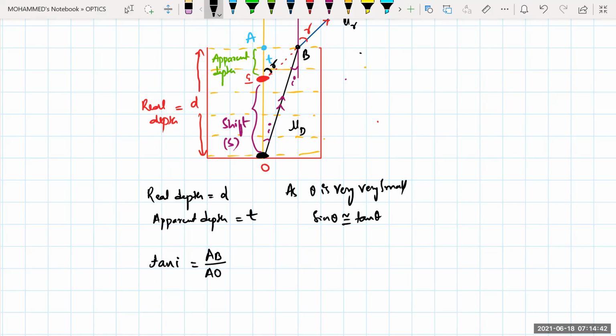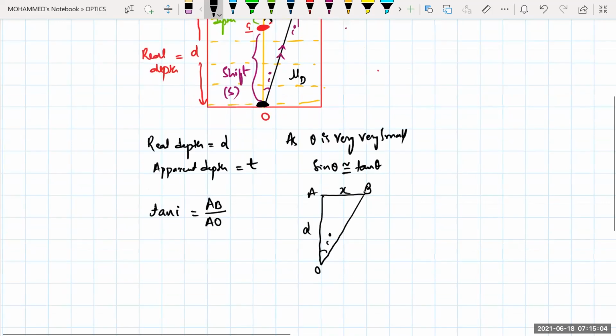This is your triangle, AB, opposite by adjacent. This is B and this is O. This is the real depth, and this is some distance x, the deflection. Say for example some x, and this will be the hypotenuse.